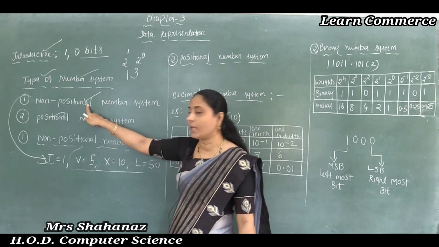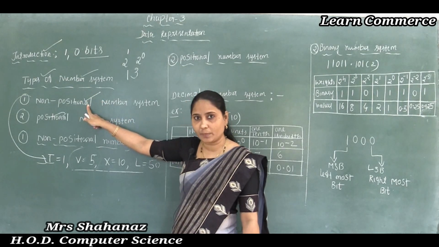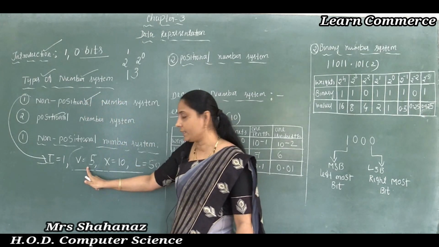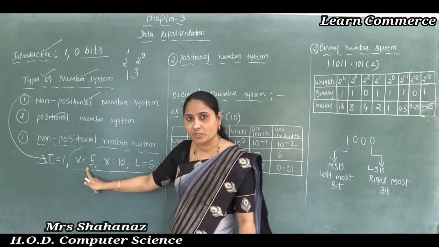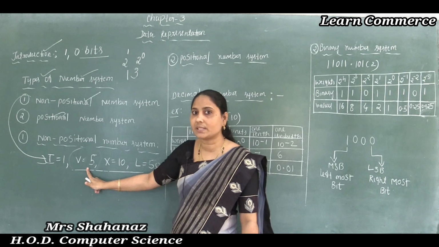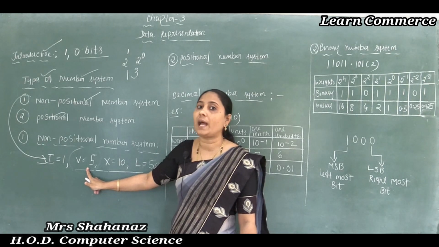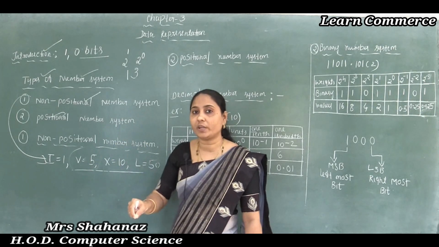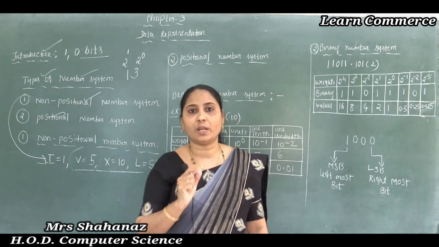Because we know that in the non-positional number system each symbol represents a value, but is it possible to count a large number using the non-positional number system? No, it is very difficult, as we know it is the disadvantage of the non-positional number system. Correct?